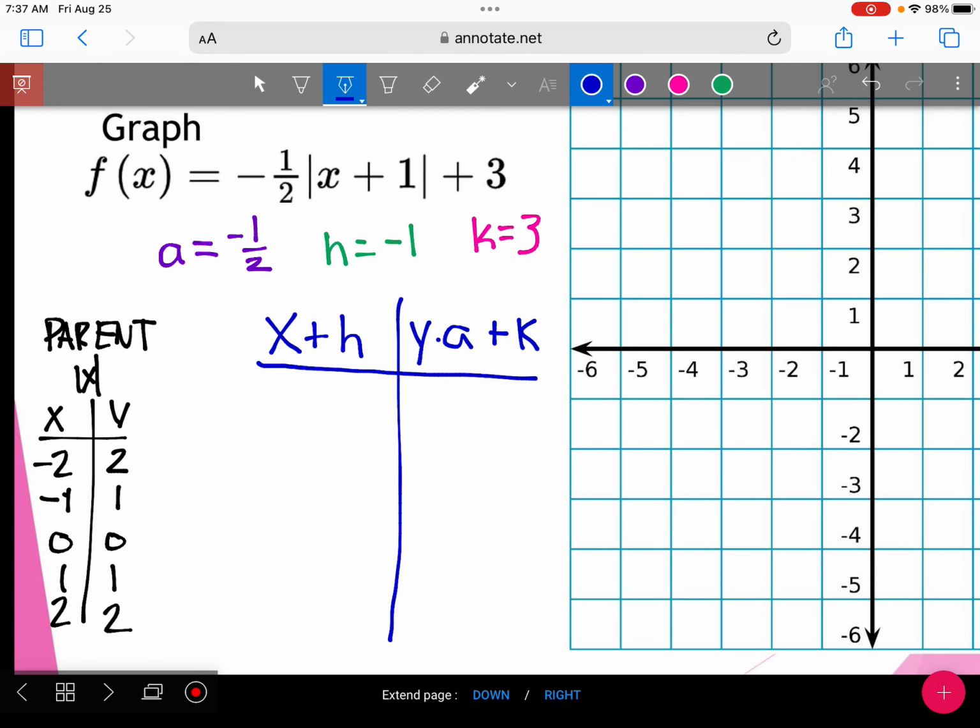Negative 2 plus negative 1, we're adding negative 1. Negative 3. That's I owe you $2 and I borrow another $1. Negative 1 plus negative 1 is negative 2. 0 plus negative 1 is negative 1. 1 plus negative 1 is 0. And 2 plus negative 1 is 1.